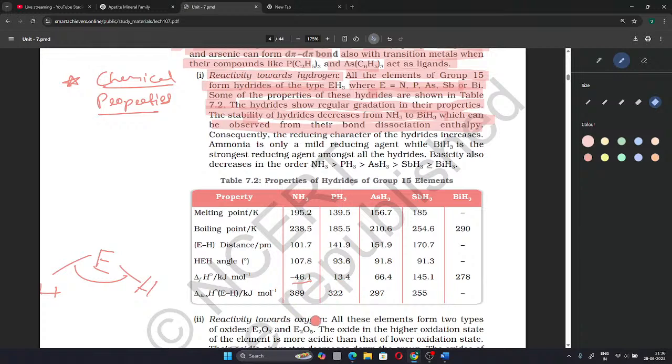NH3 has the highest bond dissociation enthalpy, and as we go down it decreases. Consequently, the reducing character of hydrides increases.